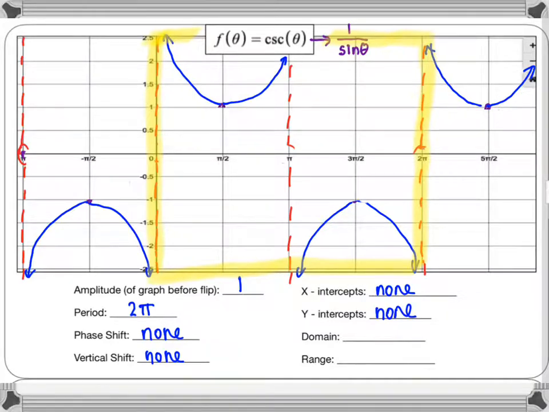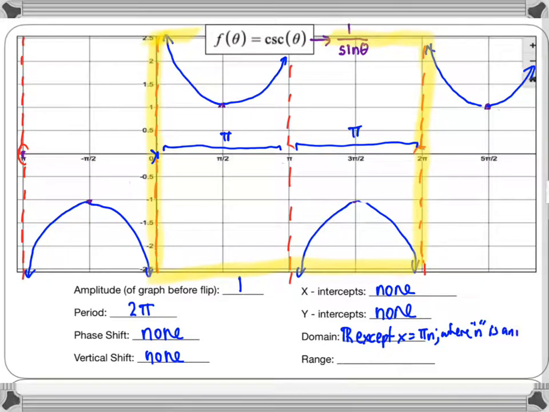So now what we need to do is formulate the domain. The domain is going to be all real numbers except x equals, and we have this distance of pi in between the asymptotes here. Since the first break in the domain is at 0, we just use pi n, where n is an integer.